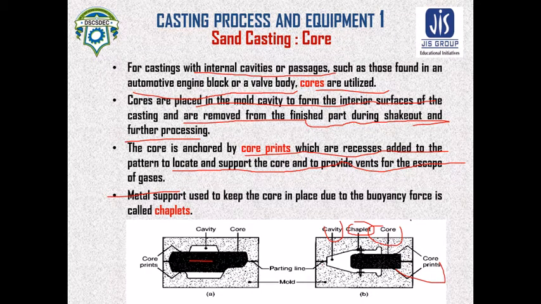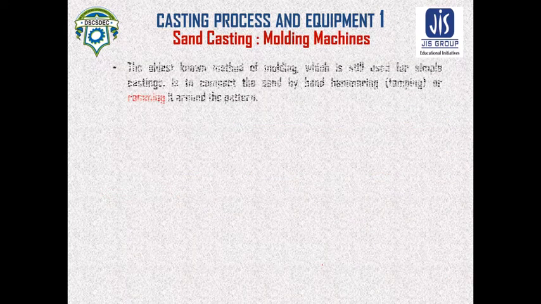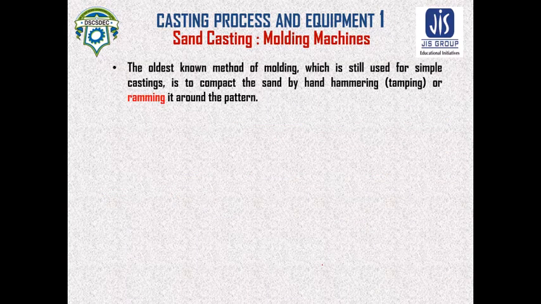So the example is clear to you, and I guess that till now you are getting some ideas about the casting process. Now in casting there are some molding machines. The oldest known molding can be done using hand hammering or tamping or ramming around the pattern.